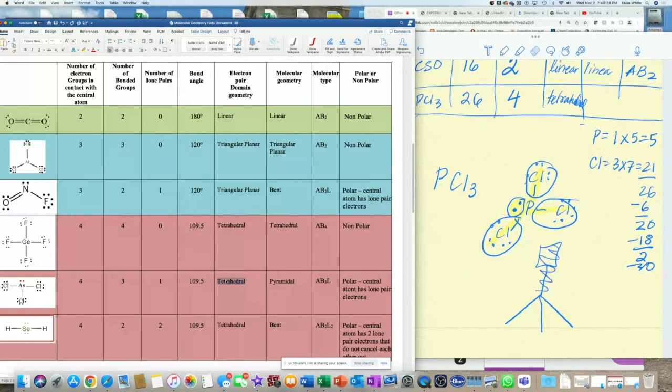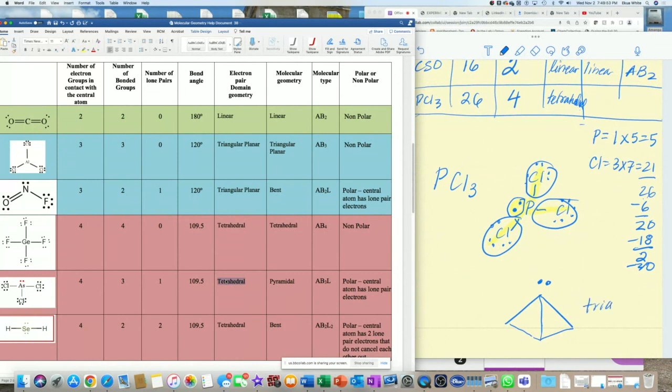I'm removing the top part because that's where the lone pair is. The lone pair, while it causes the bonds to bend, doesn't really contribute much to the actual shape of the molecule. The shape of the molecule is formed by the remaining bonded pairs. Okay? So scientists call this remaining shape here a pyramid.